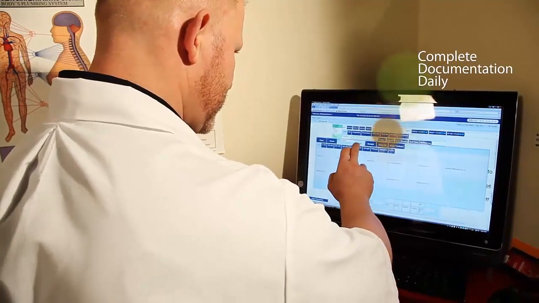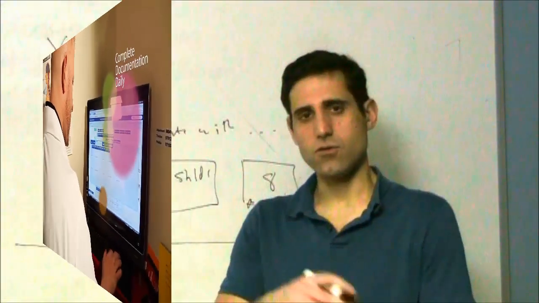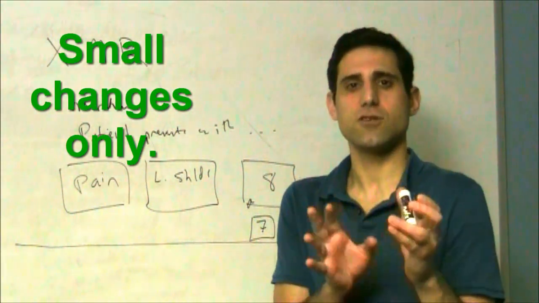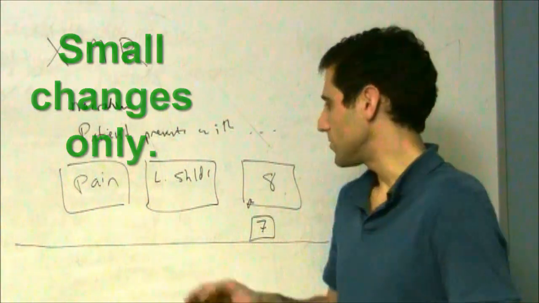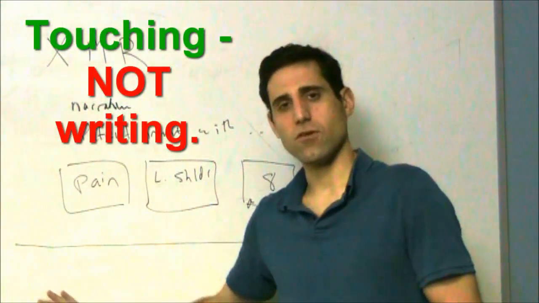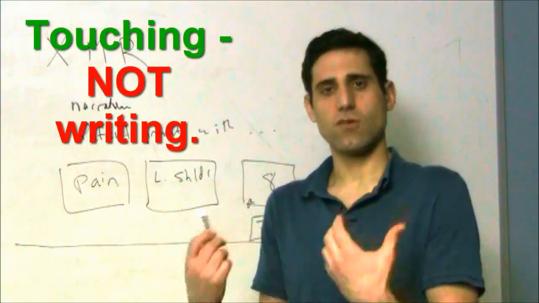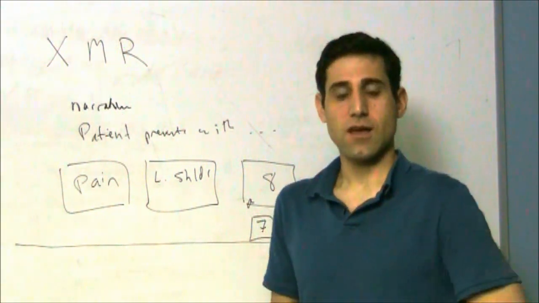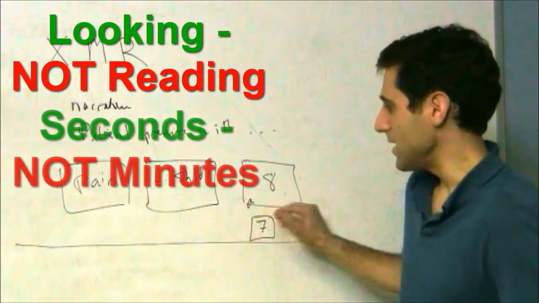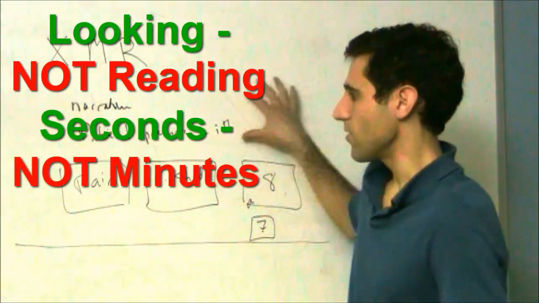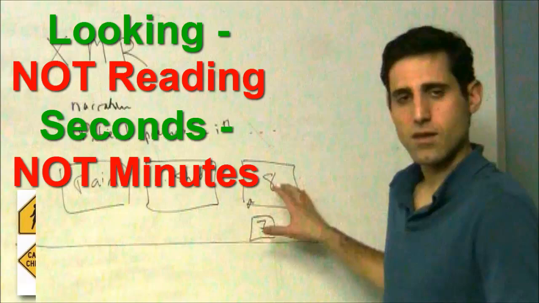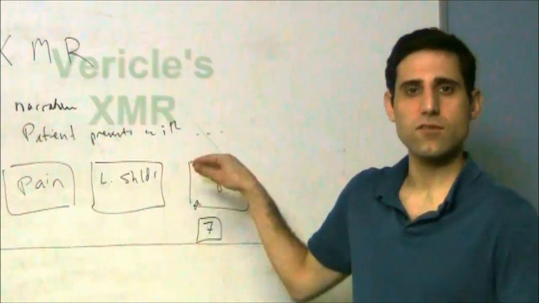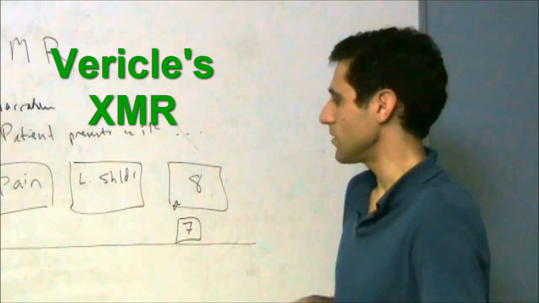What that means is that rather than thinking about creating a new note from scratch, I'm thinking about just making small changes in the current note, and the system automatically copies all the information for me and creates a whole new note and a whole new narrative out of that note. Again, for the next visit, when I'm reading this, I don't have to parse the narrative. I can just simply absorb the street signs and understand what's going on with the patient that way.